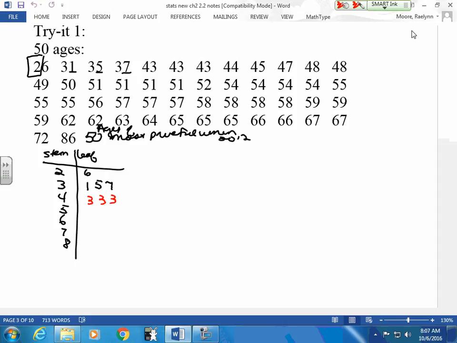Then keep going for your leaves: 4, 5, and 7. Keep them equally spaced apart. I have 1, 2, 8s, 1, 9, and I'm done with my 40s. If you don't keep them evenly spaced apart, you'll think one bar looks bigger than the other, when in fact it won't.